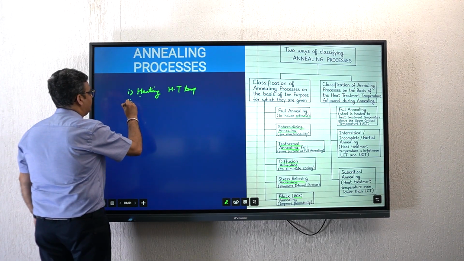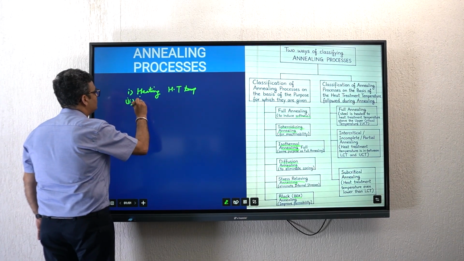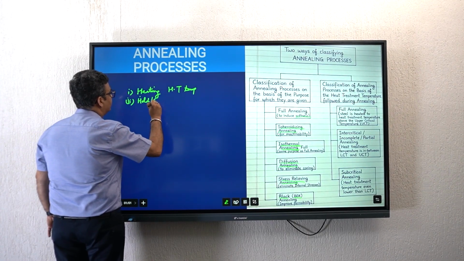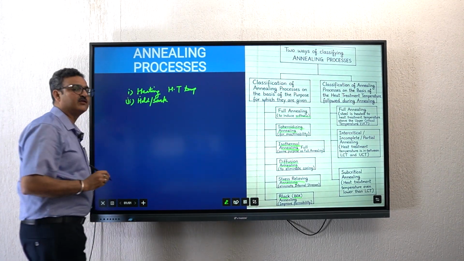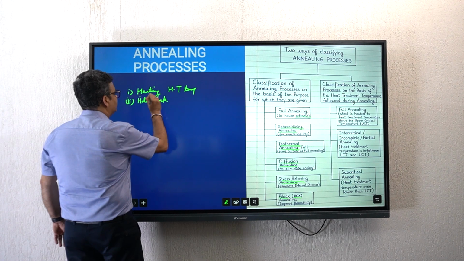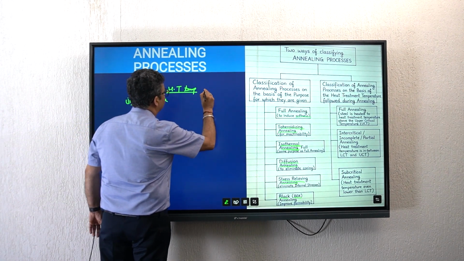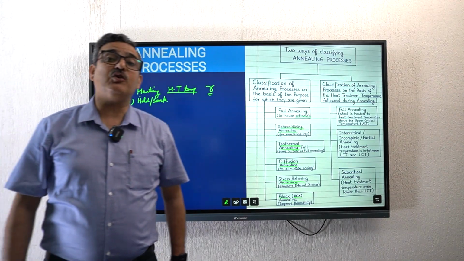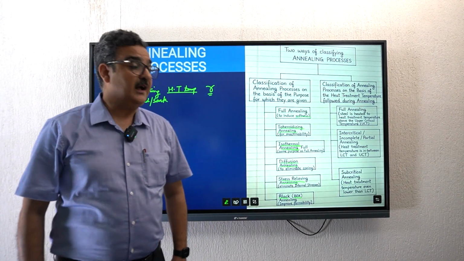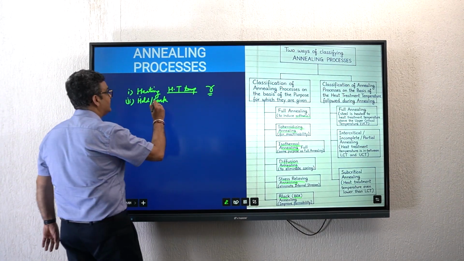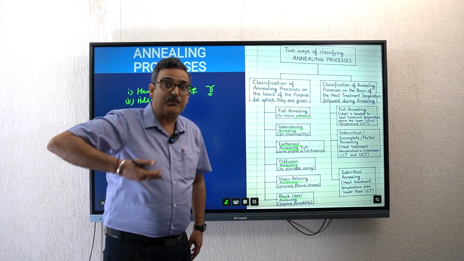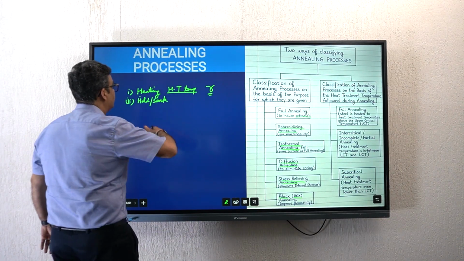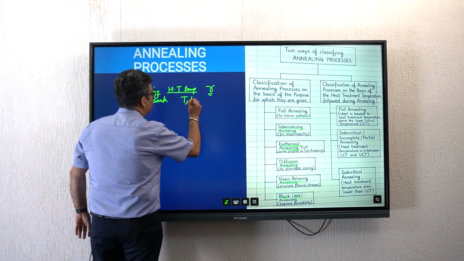The second step in every heat treatment is to soak or hold the steel at that heat treatment temperature for some period of time, because when you reach the heat treatment temperature, you get austenite in the steel, but that austenite is generally not chemically homogeneous. And to make it chemically homogeneous, you need to get the diffusion process completed in your steel specimen, and diffusion needs temperature and time to get completed.